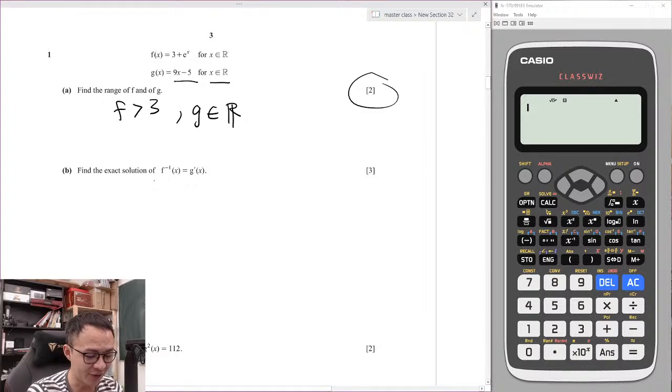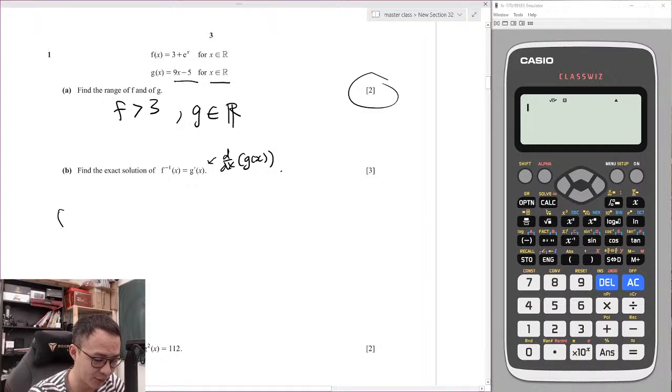Then they ask you to find the exact value of f inverse of x equals g dash. When you see the dot here, this means differentiate g(x). f inverse is actually quite easy.